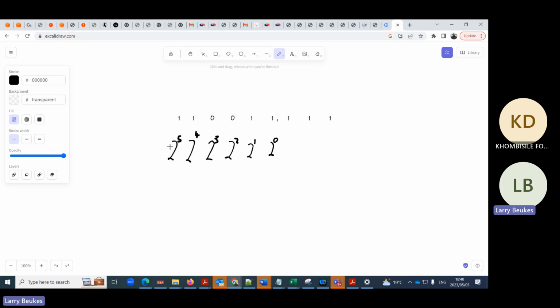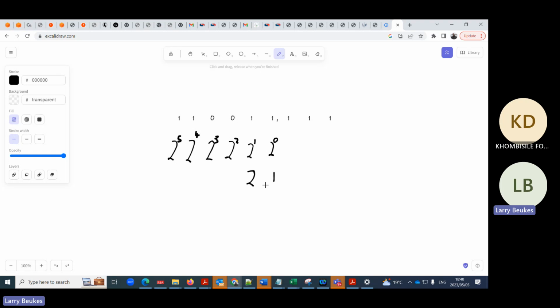So we use 2 to the power because it's in binary. If it was in octal, it was going to be 8 to the power something, right? So now it's 2 because it's binary. So we're going to start this side. We know 2 to the power 0, everything to the power 0 is a 1. Then 2 to the power 1 is a 2.